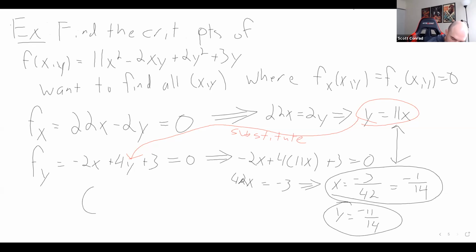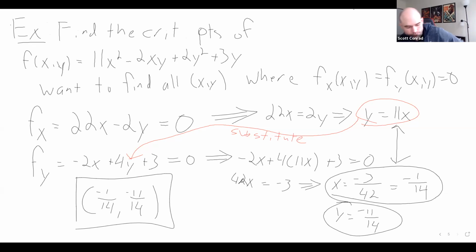So our only critical point is negative 1 over 14, negative 11 over 14. X is negative 1 over 14, y is negative 11 over 14.